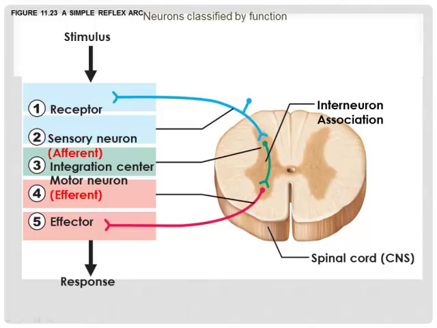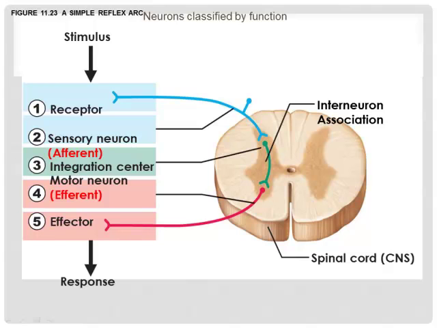We do have these ascending neurons that are going to go up to the brain and cause typically something to happen. So we typically have two main sources of sensation that's transmitted to the brain from the spinal cord.